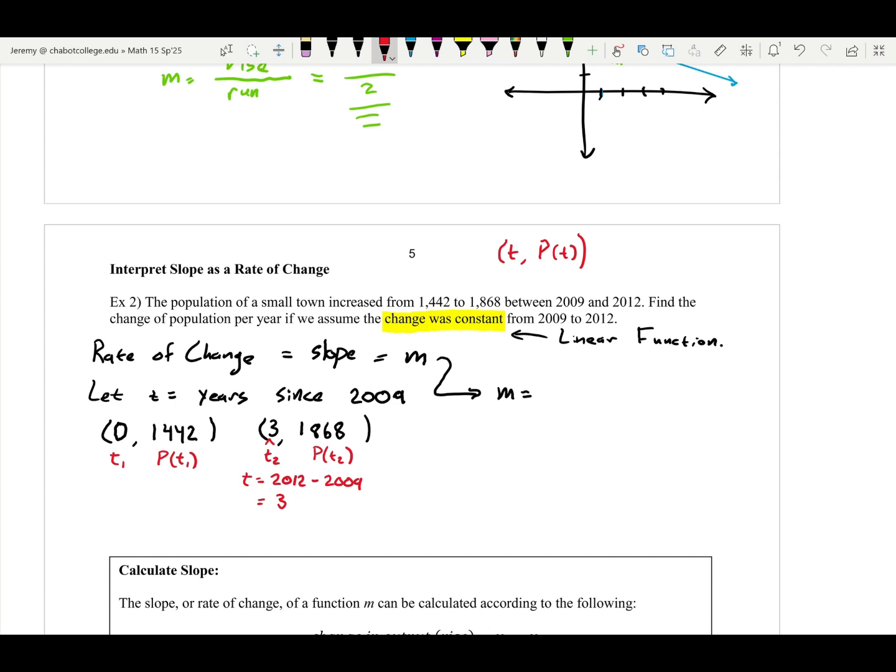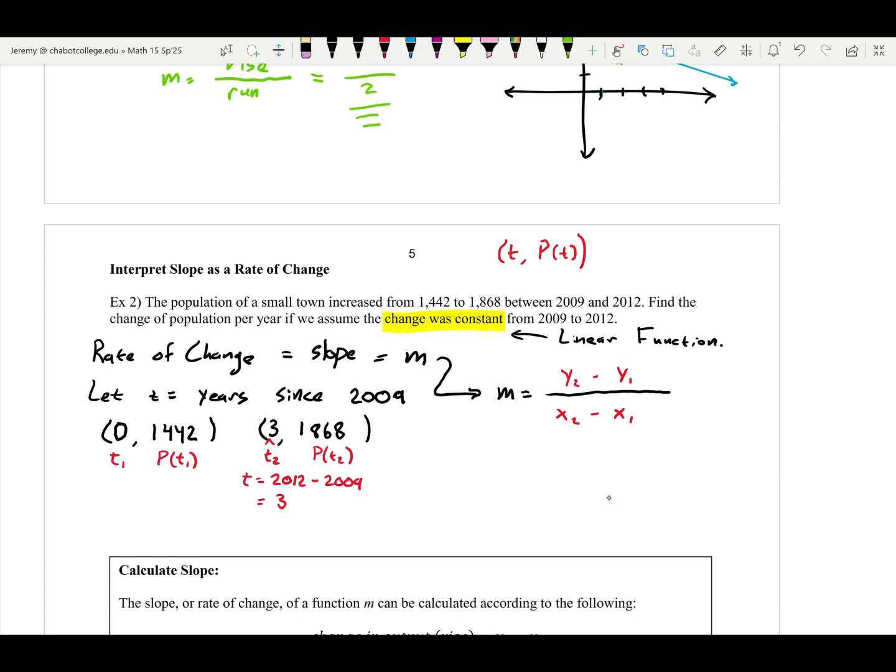All right, I promise that we're doing the same slope formula here. Really, I'm just including the context that it's not just x's and y's. We're talking about time values and population values at those times. So what our slope formula is going to be, normally, it would be y2 minus y1 over x2 minus x1.